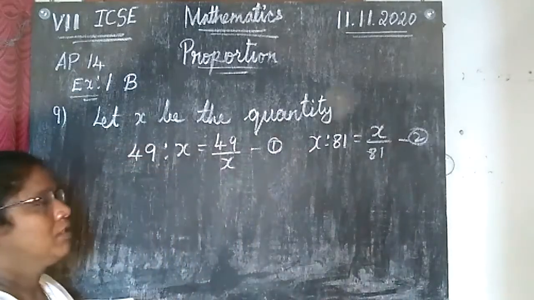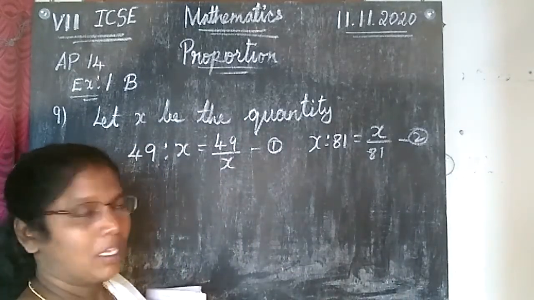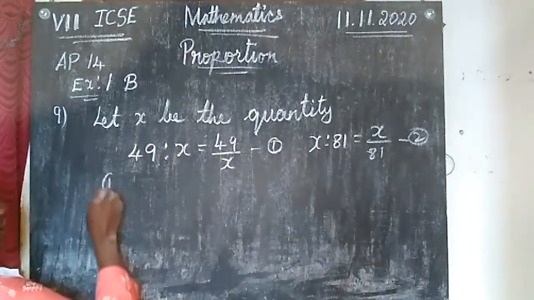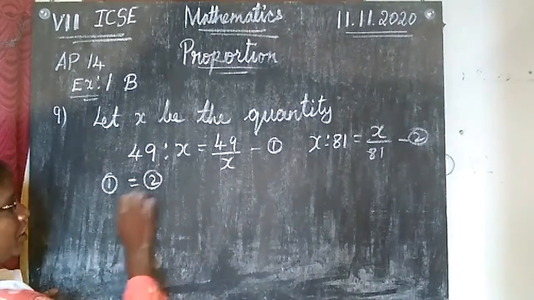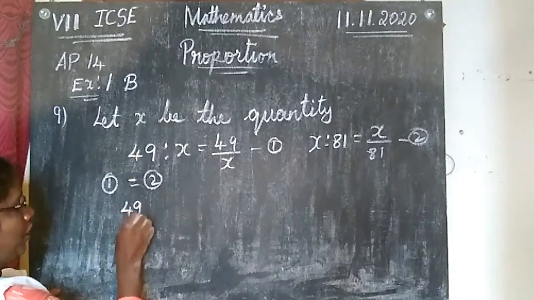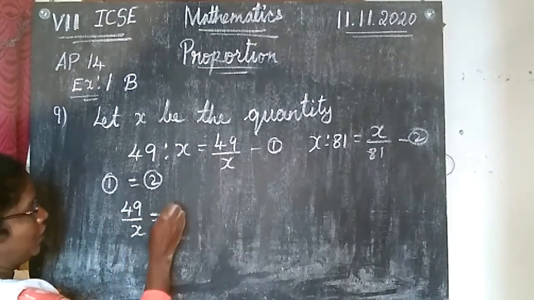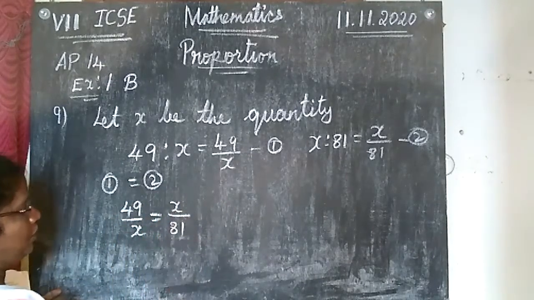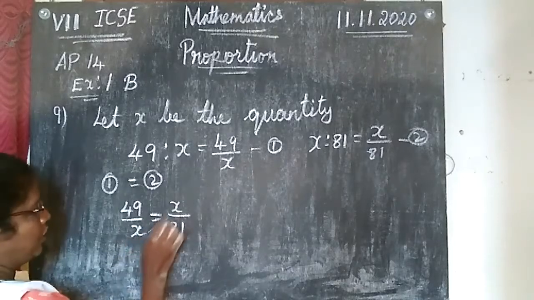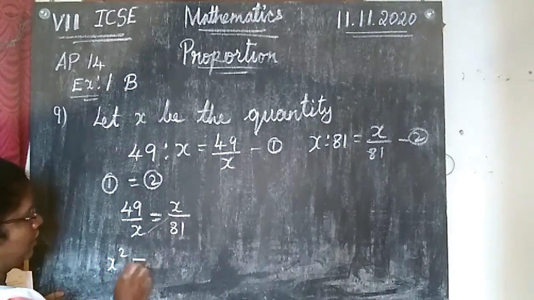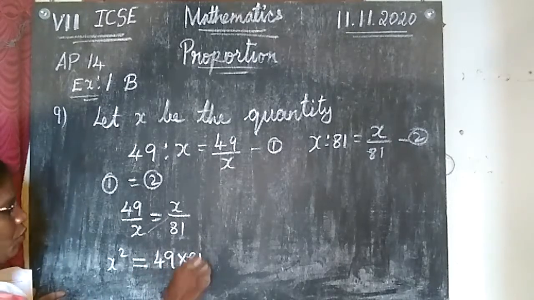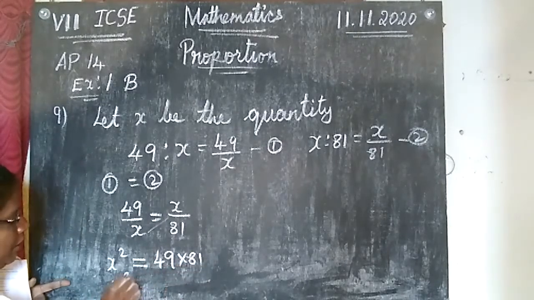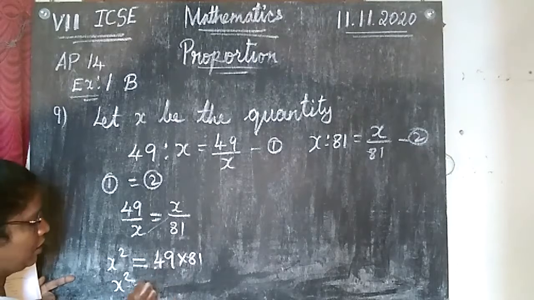Since the two ratios are equal, I am going to equate 1 and 2. 49 by x is equal to x by 81. Let me multiply x into x, x square, that is equal to 49 into 81. This can be written as 49.